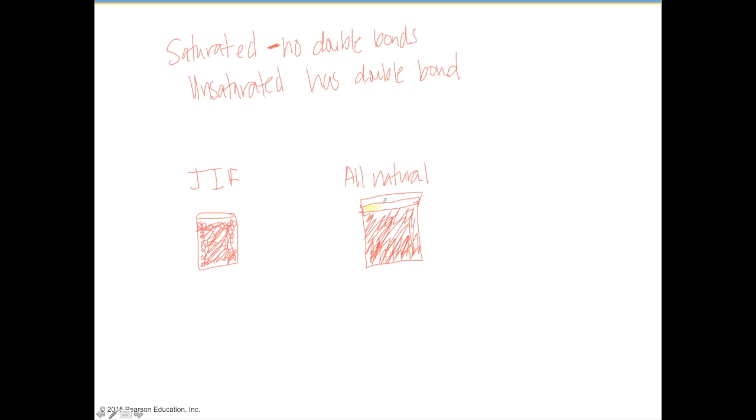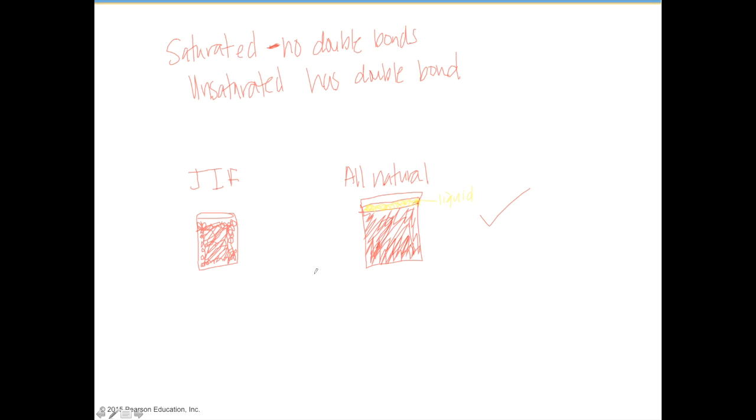All of this yellow is liquidy oil. Okay. Which one's good for you? The pretty one or the not so pretty one? Most people would think, oh, this is an old peanut butter. Why does it look like that? But the truth is, this guy here is good for you.